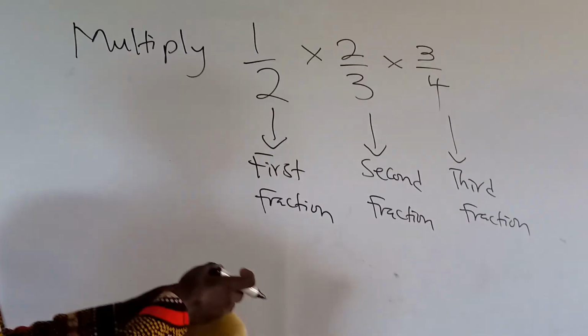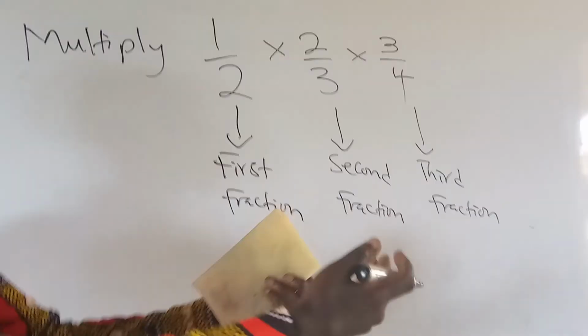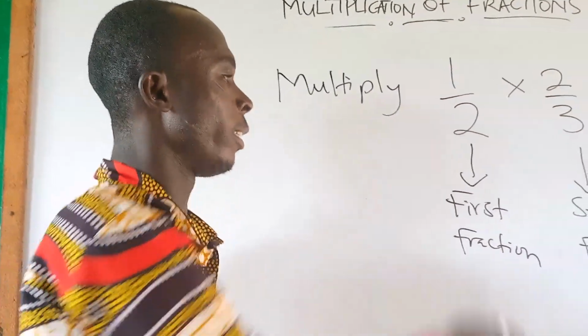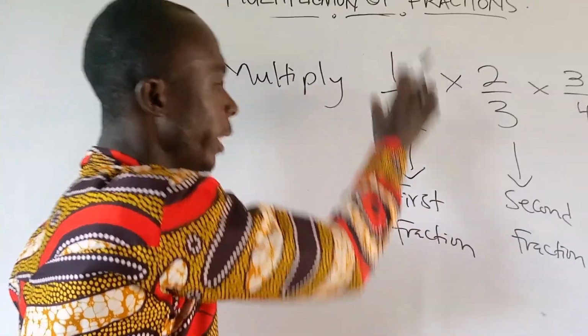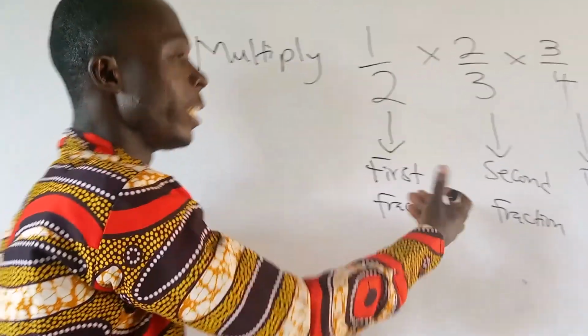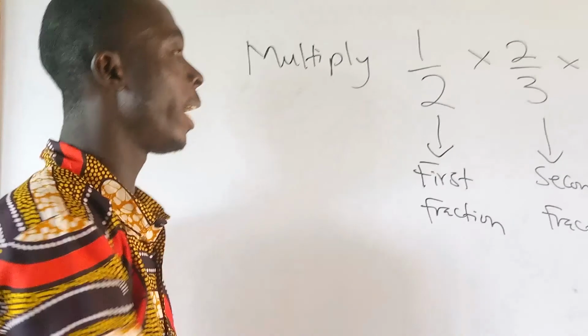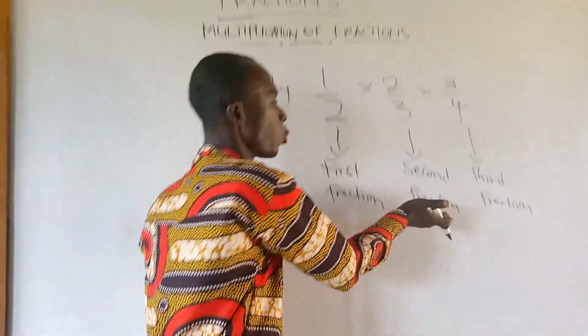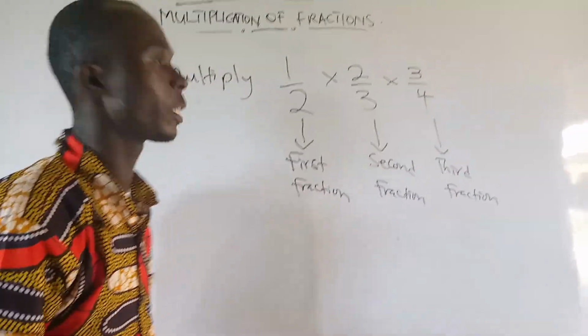Because I want you to easily understand multiplication of fractions, I'm always numbering the fractions, so that if you are learning, it becomes simple. But there is no need to write this once you are solving it.